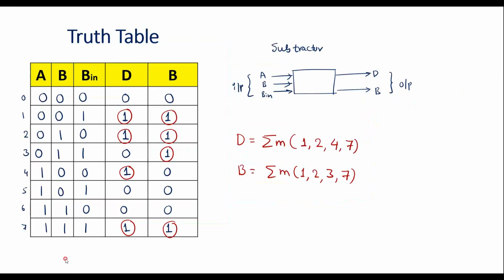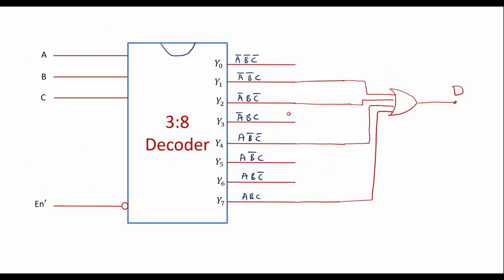Similarly we have borrow, that is summation m of 1, 2, 3, 7. So outputs 1, 2, 3 and 7 are connected to another OR gate. This is 1, this is 2, and we have 3 here, and 7 here.